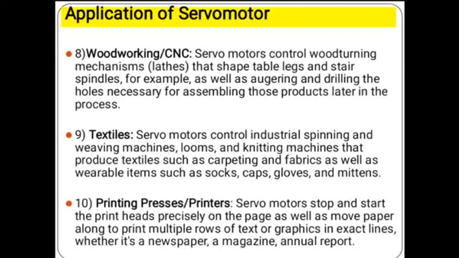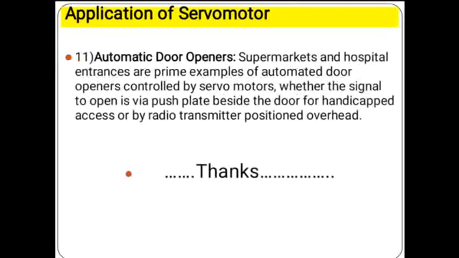And the next one is printing presses or printers. The servo motors stop and start the print heads precisely on the page, as well as move paper along to print multiple rows of text or graphics in exact lines, whether it is a newspaper, a magazine or an annual report.